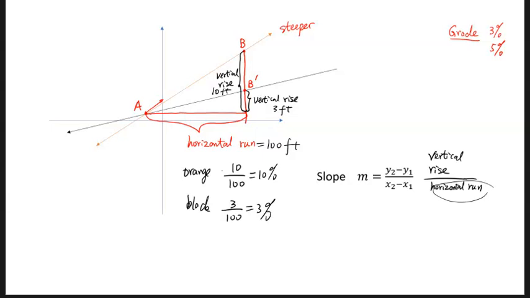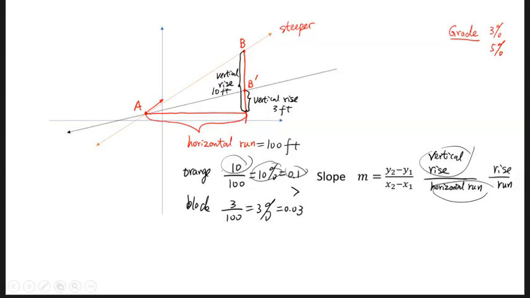And we know if a highway has a 10% grade, it's going to be steeper than a 3% grade. If we convert to decimal, this is 0.1 and this is 0.03, and 0.1 is definitely a bigger number than 0.03. So it makes sense to define the slope as vertical rise divided by horizontal run, or rise over run. That way a bigger rise will give us a bigger slope or grade.